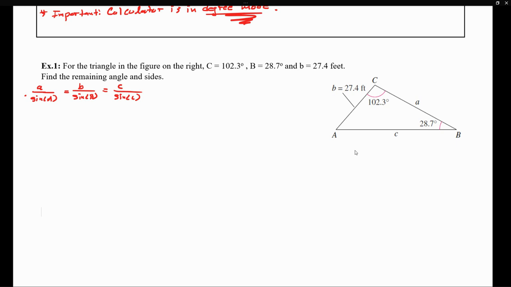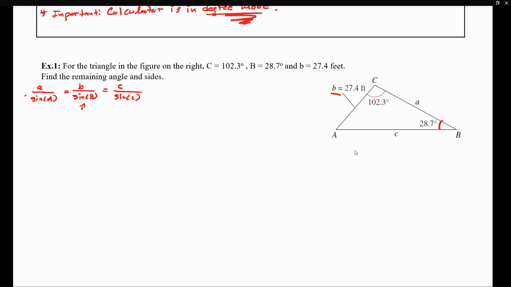But notice that I know side B and I also know angle B. So I definitely know the value of this ratio. This ratio is going to be 27.4 over sine of 28.7.